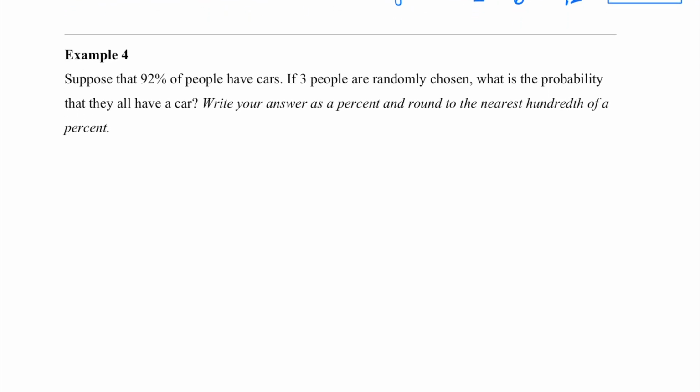Now, let's look at example 4. Suppose 92% of people have cars. 3 people are randomly chosen. Find the probability that they all have a car. So, the probability that one person has a car is 92%, which is 0.92.